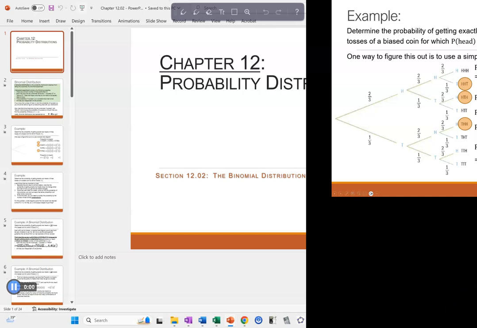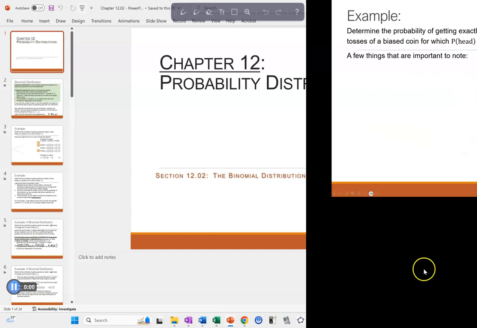We got 4 out of 9. Now, what happens if we're talking about my free throw example where we're going to talk about 10 branchings? What a confusing, convoluted mess that tree diagram is going to look like, right? Turns out that there's a better way to do that.